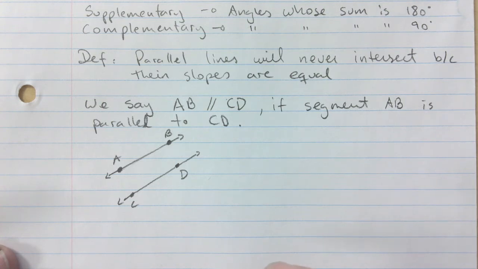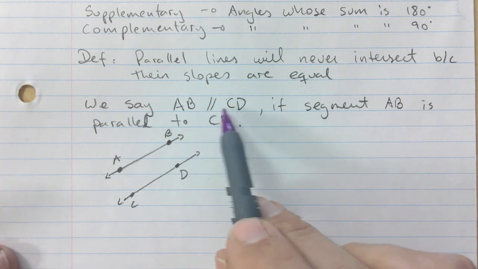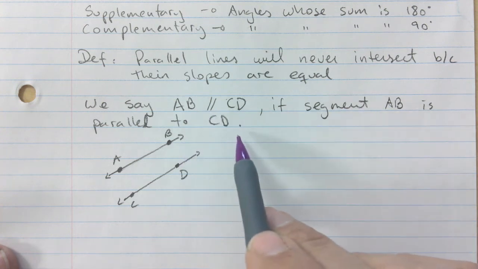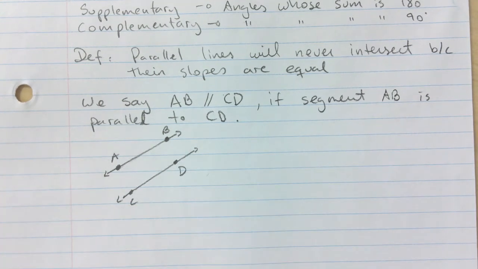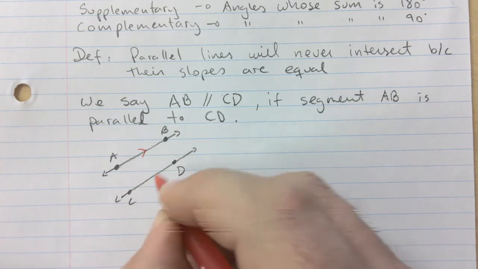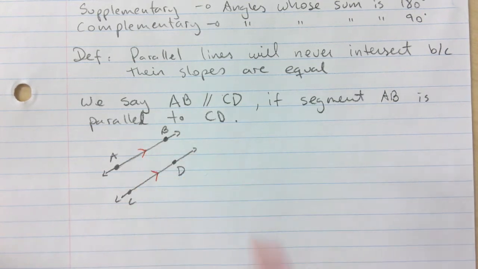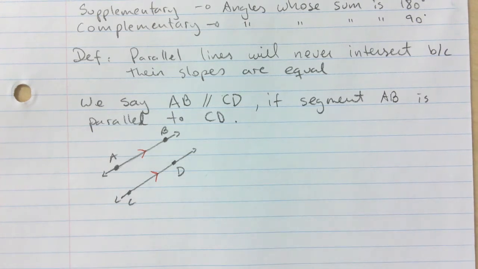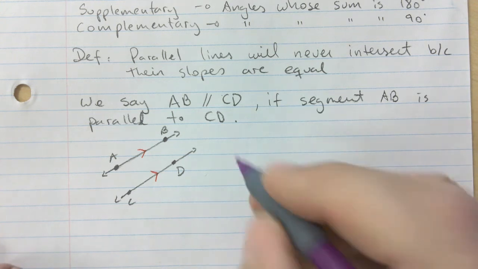We say that AB is parallel to CD. And notice that we use arrowheads in between the lines to indicate that they're parallel. So if you ever see this, that means that they're parallel.